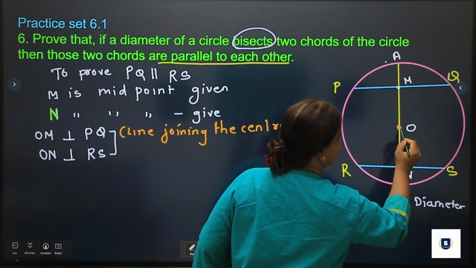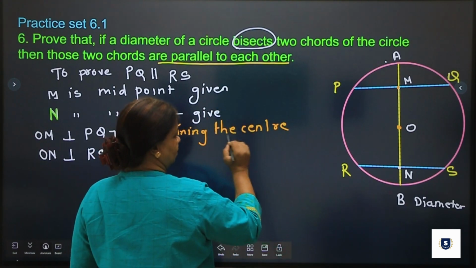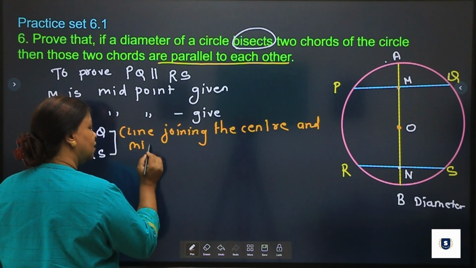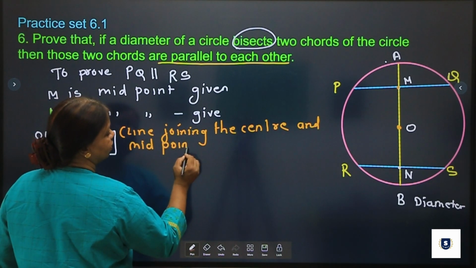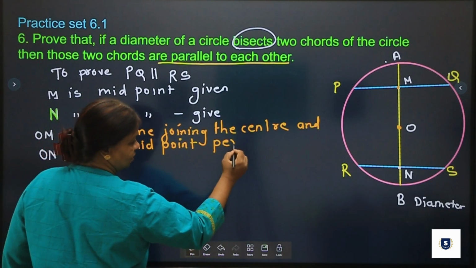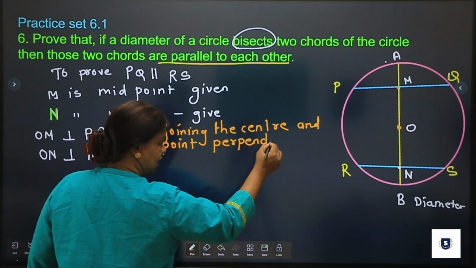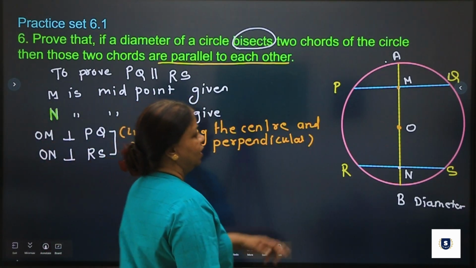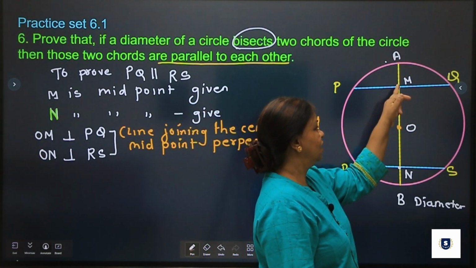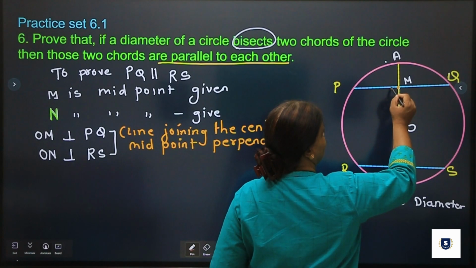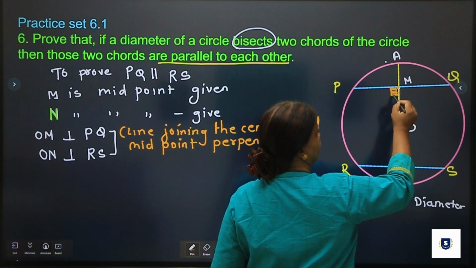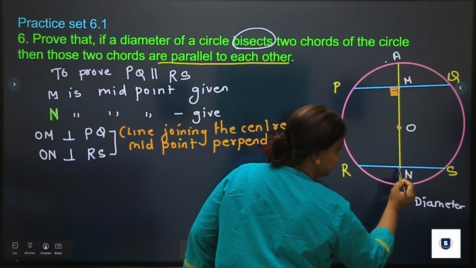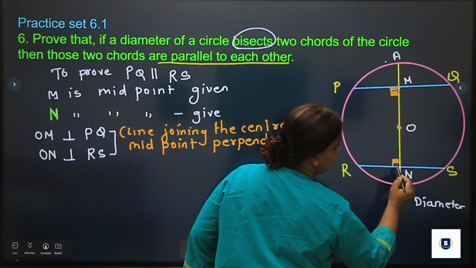Line joining the center and the midpoint is perpendicular to the chord. Okay. If it is a midpoint and it is a center, this segment will be perpendicular. So this will be 90 degrees. Similarly, O is the center, N is the midpoint. So this will be 90 degrees.